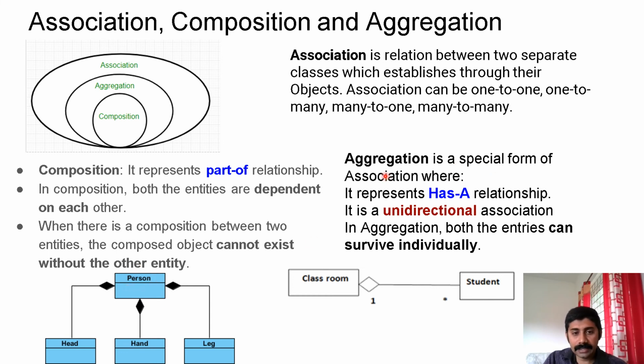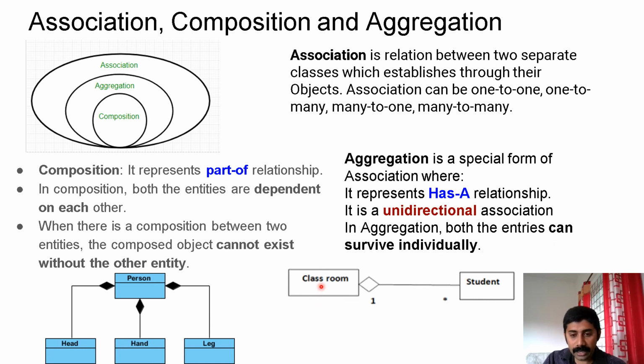Whereas aggregation is less restrictive. Aggregation is a special form of association where it represents a has-a relationship. It is unidirectional, and even in the case of composition, it is unidirectional. In aggregation, both the entities can survive individually.